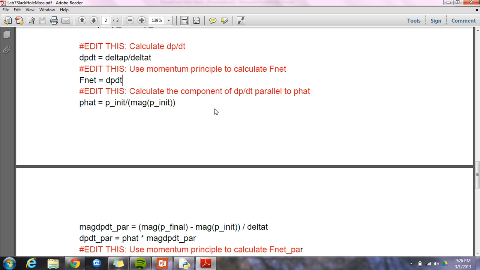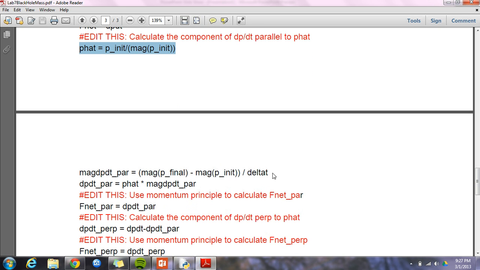So first, to find our parallel component of the net force, we know that dp dt parallel is equal to the change in the magnitude of the momentum times p hat. So that's why here we find p hat, which is the vector of the momentum divided by the magnitude of the momentum.